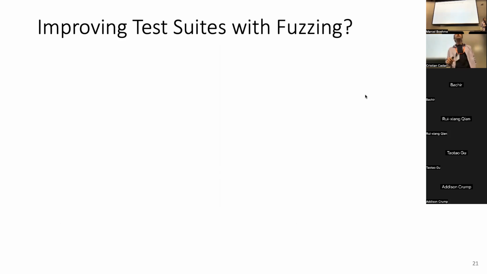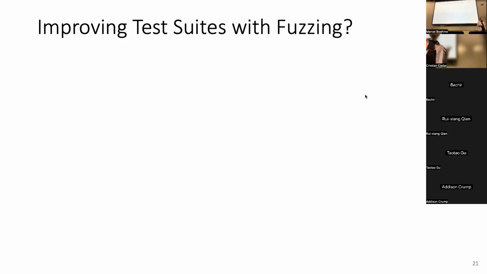So let me get back to the question of improving test suites with fuzzing. All right. So despite what I showed you with those 3 applications, I think there are many applications for which OSS Fuzz, if you look in the dashboard, actually achieves amazing results in terms of coverage. All right.